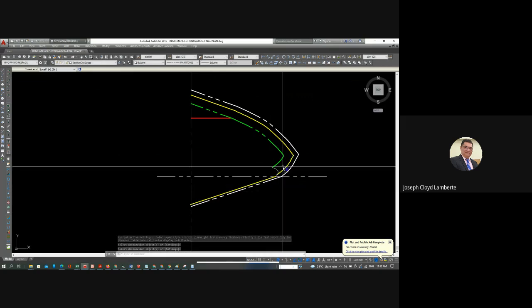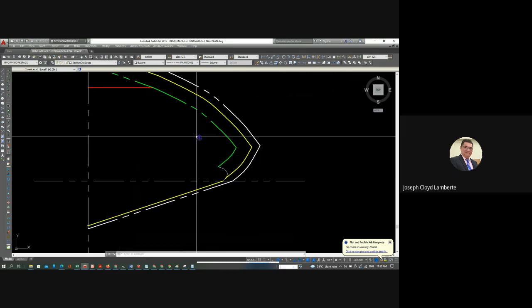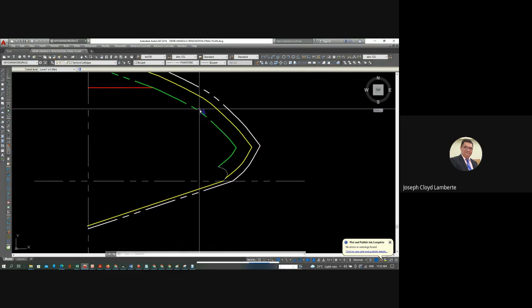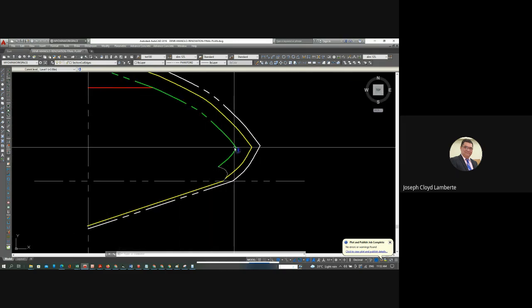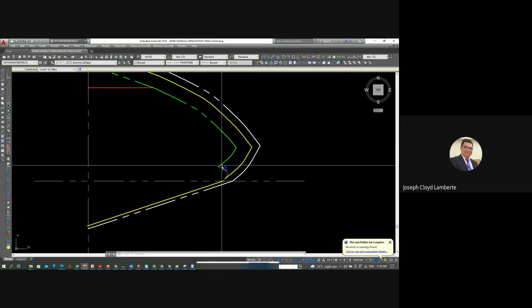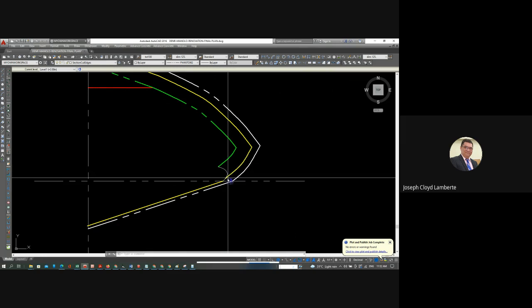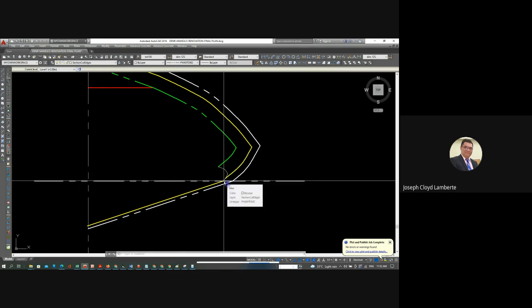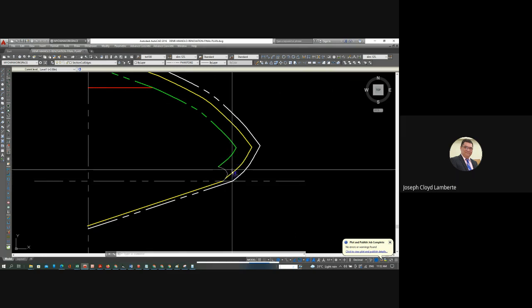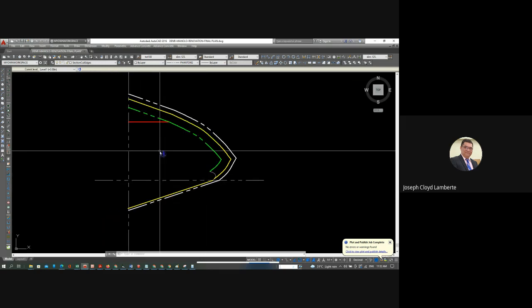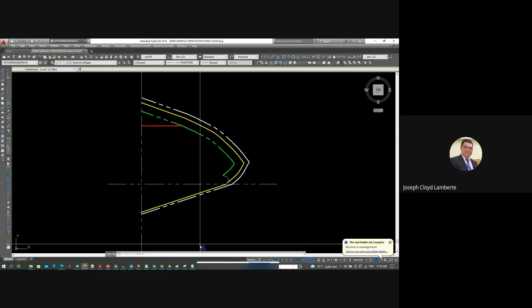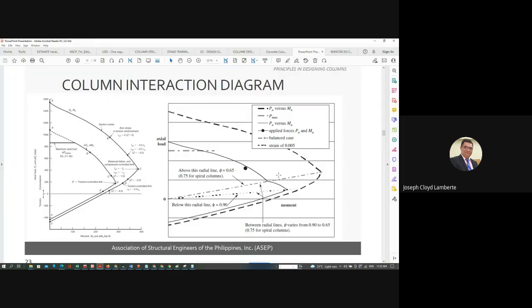Naka-tension. So, I hope you understand nga from 0.7 nga with the presence of your compressive force, maambag din siya pag 0.9. Maambag siya 0.9 nga purely bending. Nya paingon din siya sa tension.